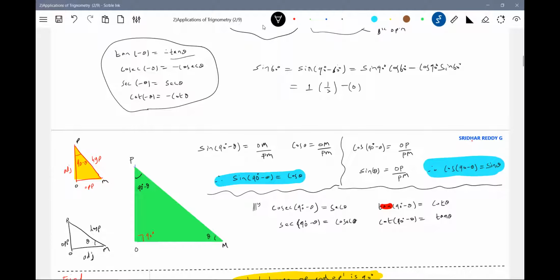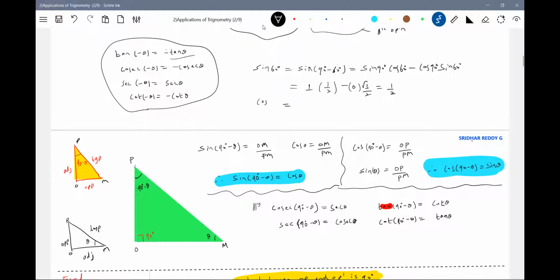Cos 90 is 0, sine 60 is root 3 by 2. The value of this is 1 by 2. Cos 30 degrees, we'll see. What do we get? Cos 30 degrees directly, also cos 60 degrees will be sine 60. I ended up with this one.